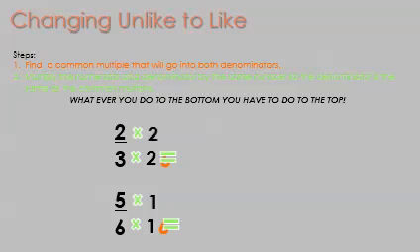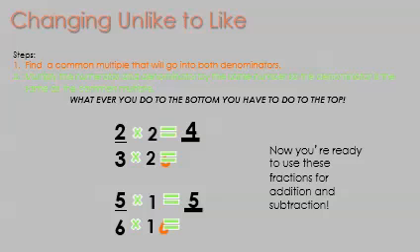The second fraction, no need to multiply it because we already have 6, so we just multiply by 1. So in the first fraction we will get 4 over 6, and in the second we're going to have 5 over 6. So now you are ready to use these fractions for addition or even for subtraction.